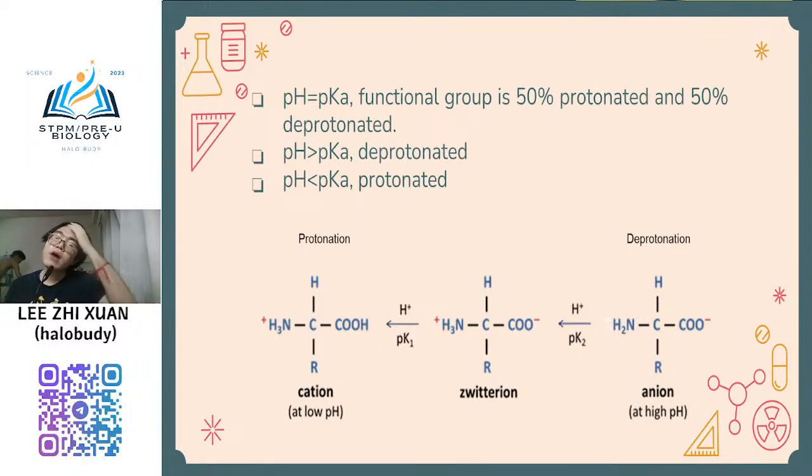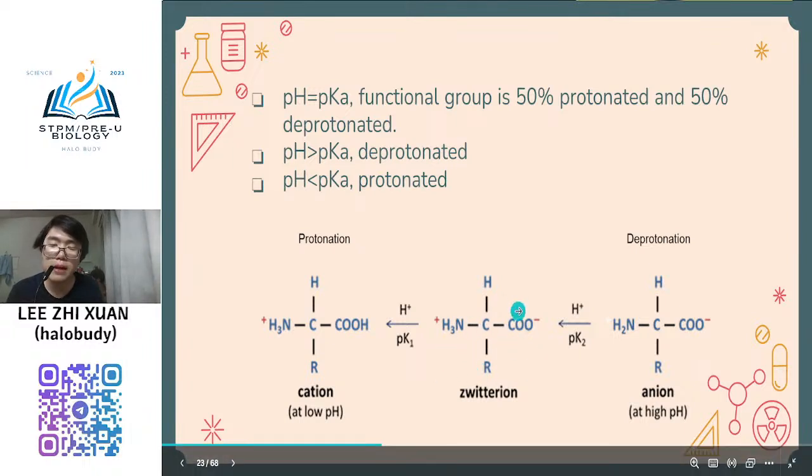So this zwitterion property will determine whether your amino acid is in an acidic or basic solution. In a similar situation, meaning at pH equal to 7, they will form a zwitterion.